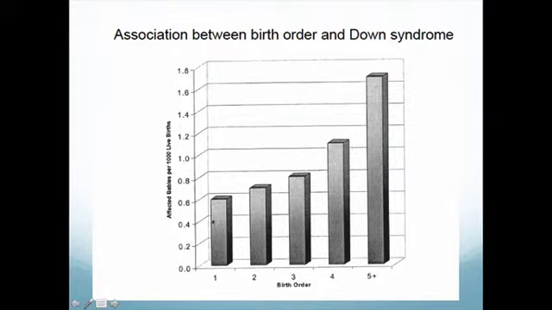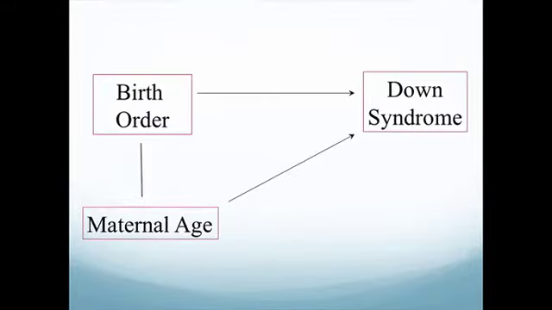And so we can see that among first children, the prevalence of Down syndrome was 0.6 per 1,000 live births. Meanwhile, if you were the fifth child or later, the prevalence of Down syndrome is 1.6 per 1,000 births. So that's almost a threefold increase comparing Down syndrome among firstborn babies to Down syndrome among babies born fifth in the birth order or later.